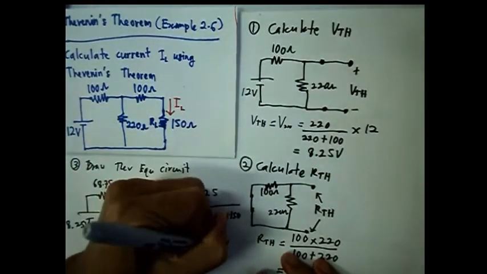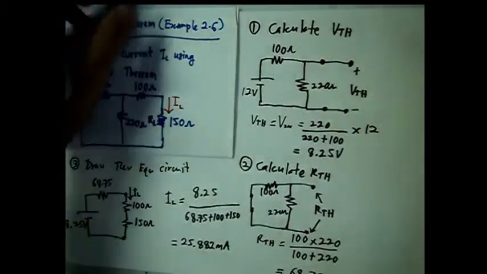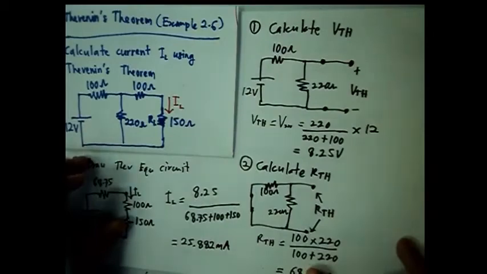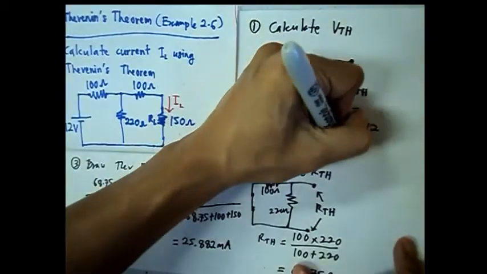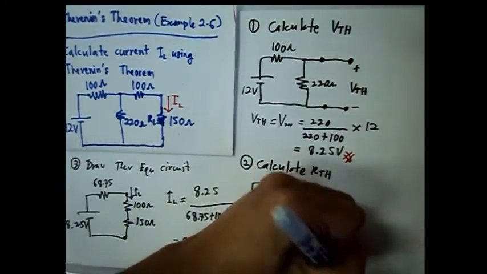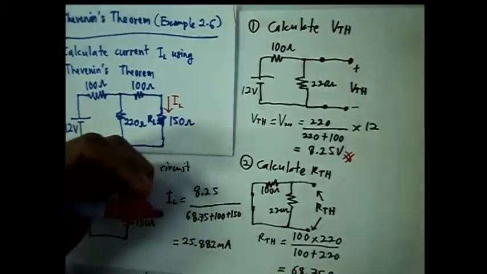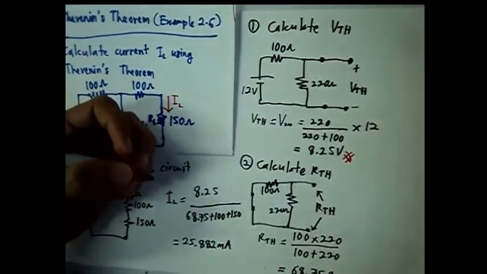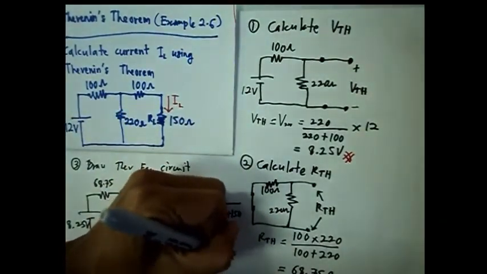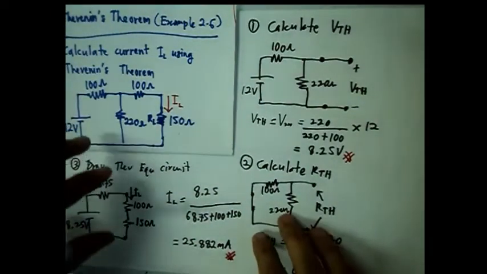For this solution method, we get VTH as 8.25, the same as the previous solution, but RTH is a little bit different, 68.75, and IL is 25.882 milliampere, the same as the previous solution.